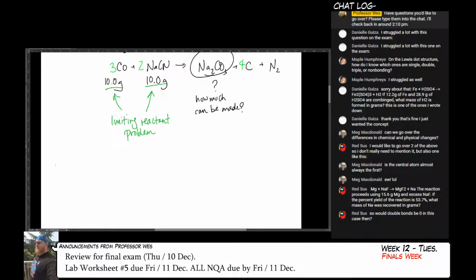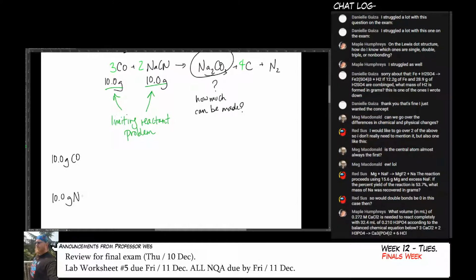So what we're going to do is we're going to say, okay, 10 grams of carbon monoxide and 10 grams of sodium cyanide. And so what we're going to do is turn these into moles of sodium carbonate.